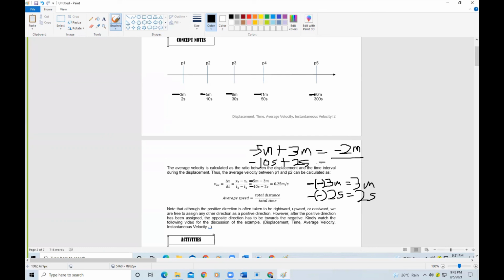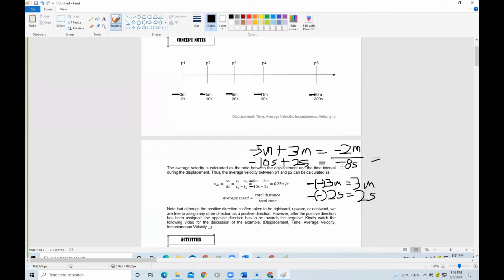So the answer would be negative 10 plus 2 equals negative 8 seconds. So we divide negative 2 by negative 8.